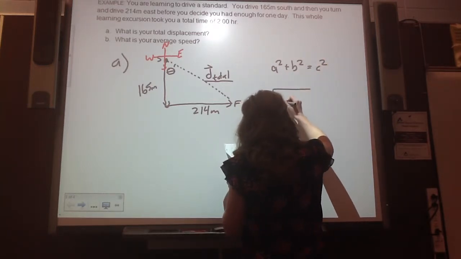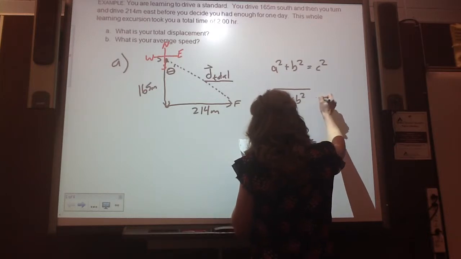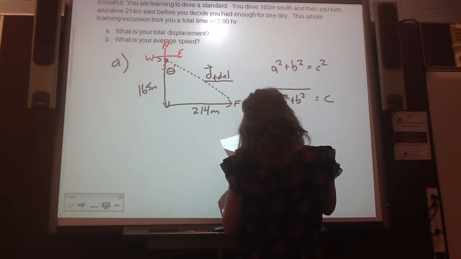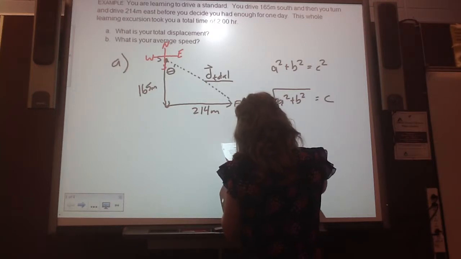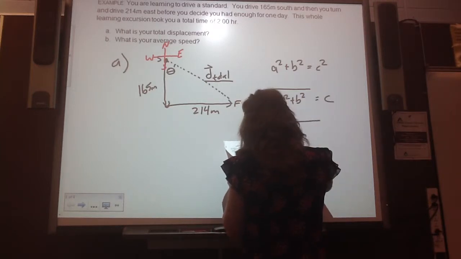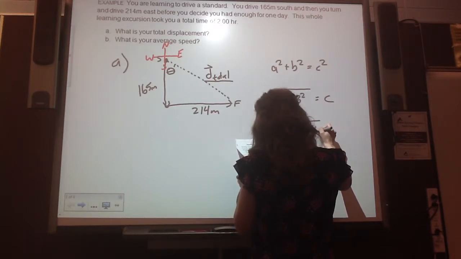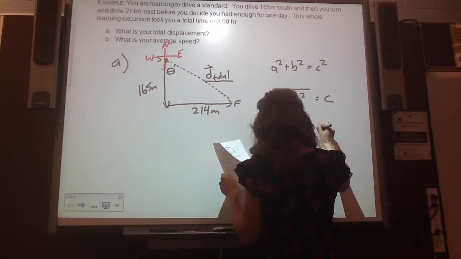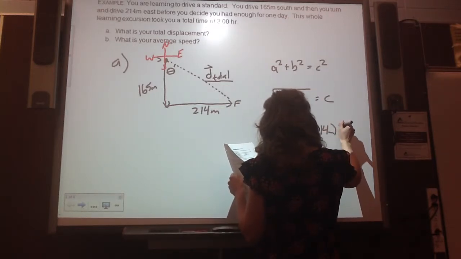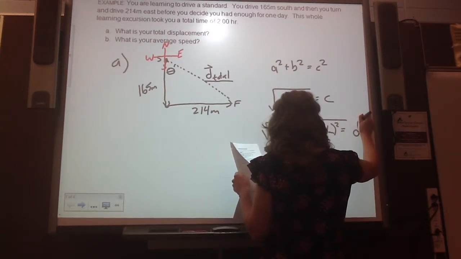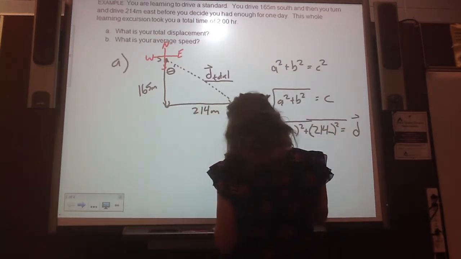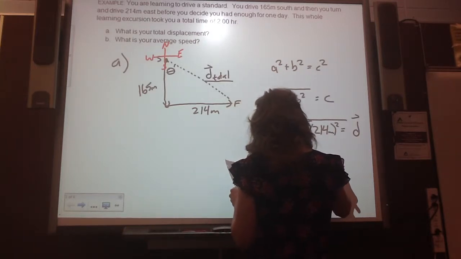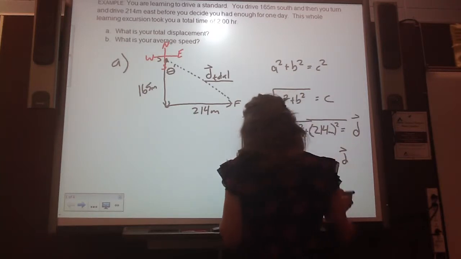The square root of a squared plus b squared is equal to c, which I know is my d. So I can put that in: 165 meters squared plus 214 meters squared is equal to displacement. This totals to 270.22, etc. meters, which is my displacement.